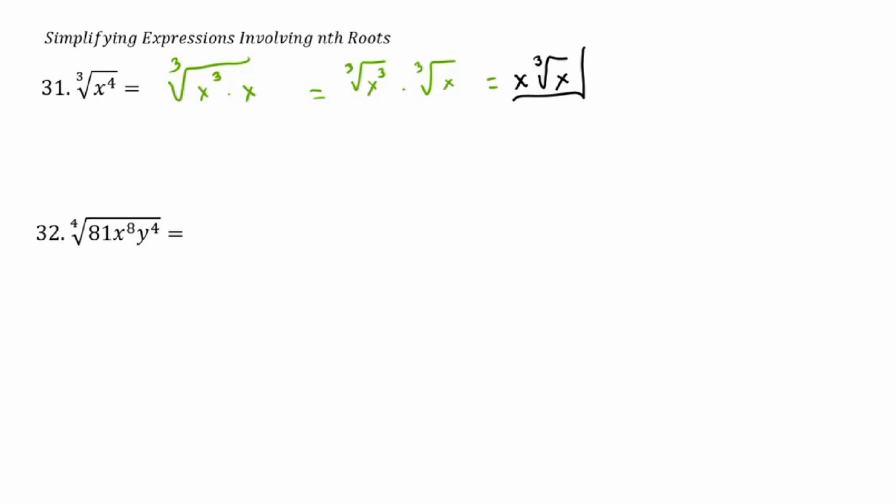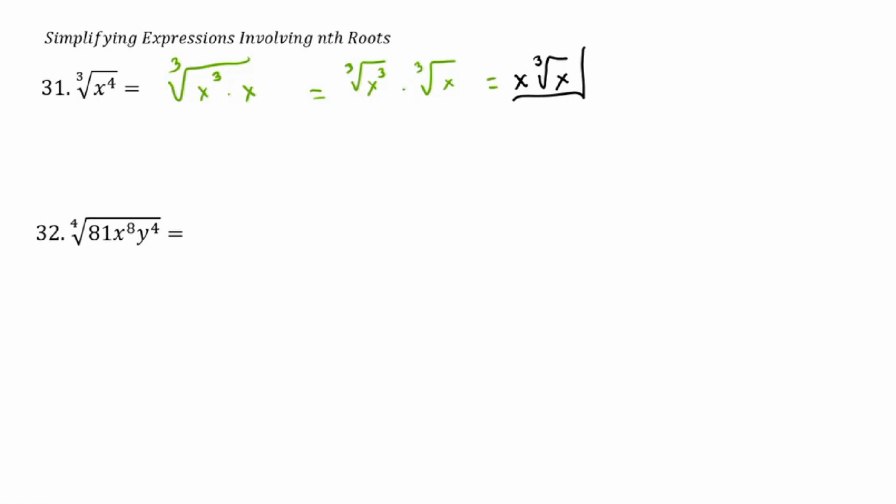Okay, now what about number 32? The fourth root of 81, x raised to 8, and y raised to 4. So we are going to express 81 in terms of an exponent. How would you write 81 in terms of an exponent? It's 3 raised to 4.